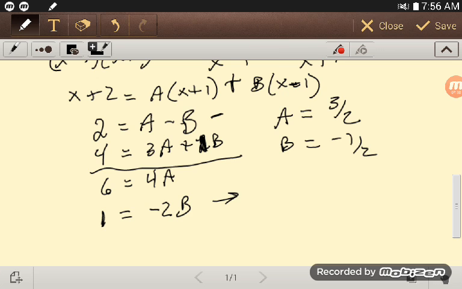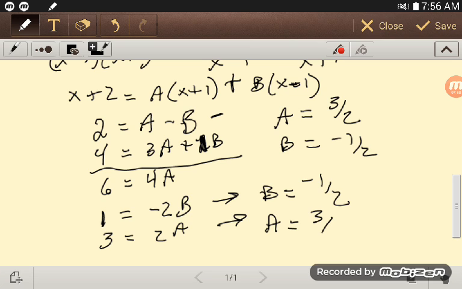Well, immediately that tells me B is equal to negative 1 half, and then if I let x equal 1, the thing that zeroes out the B here, I get 3 is equal to 2A, and so that tells me right off A is equal to 3 halves.